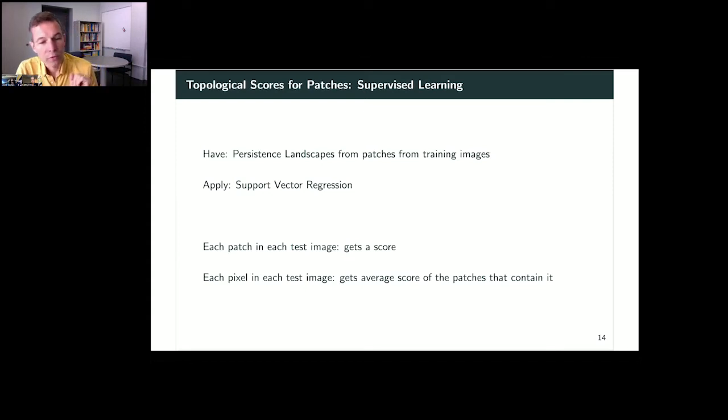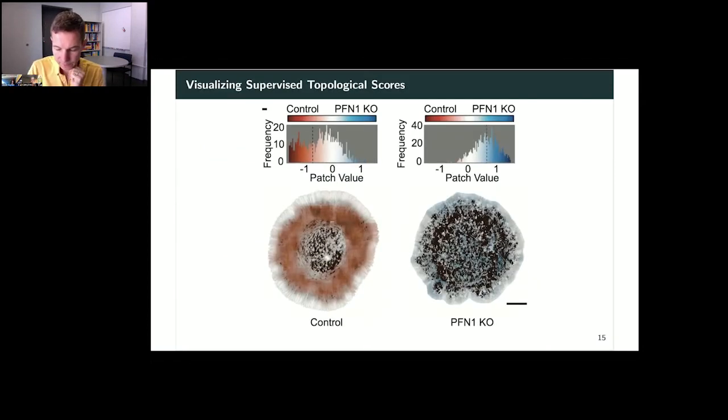All right, so for our test images, for each of the patches, we look at its persistent homology, look at its persistence landscape, and take the appropriate dot product. That gives us a score, and then for each pixel, we take the average of the scores of the patches containing it.